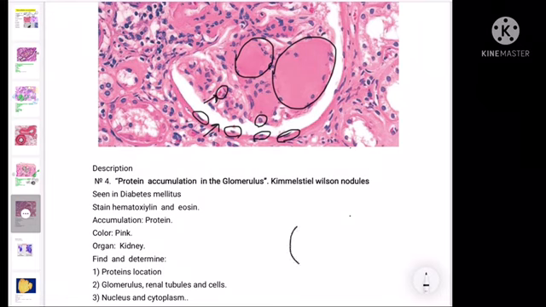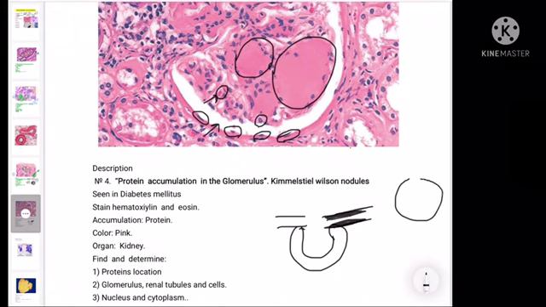So in a patient with diabetic nephropathy, the afferent and the efferent arteries also get affected. Once the efferent one is affected, there will be hyalinosis of the vessels. Previously we said that once there is accumulation of protein in the vessel wall, the lumen becomes narrowed.